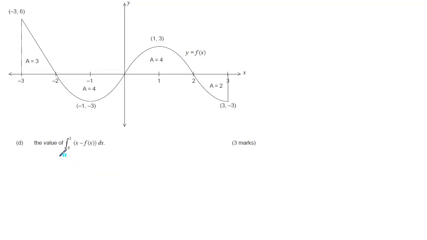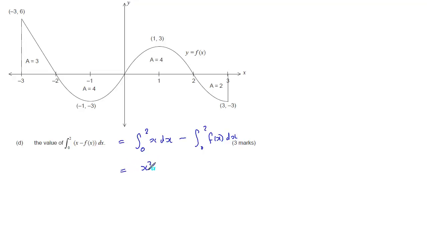We now want the value of the integral from 0 to 2 of x take away f of x dx. We can split the integral into the integral from 0 to 2 of x dx, take away the integral from 0 to 2 of f of x dx.